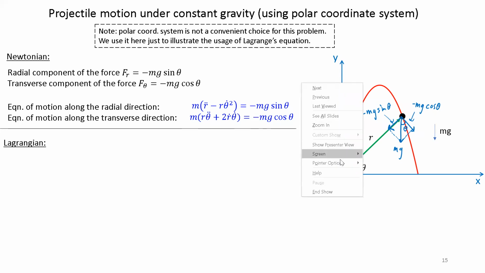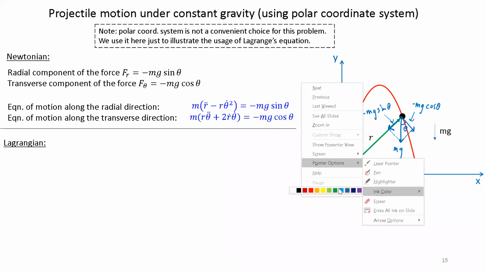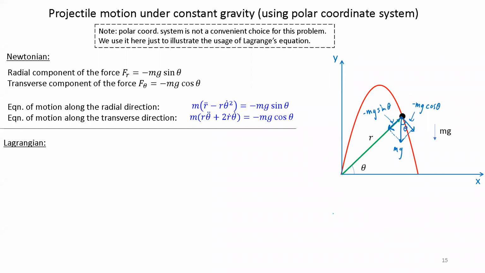Remember that the kinetic energy is 1/2 mv squared, and because we are using the polar coordinate system, it is 1/2 m times the radial component of the velocity squared plus the transverse component of the velocity squared.